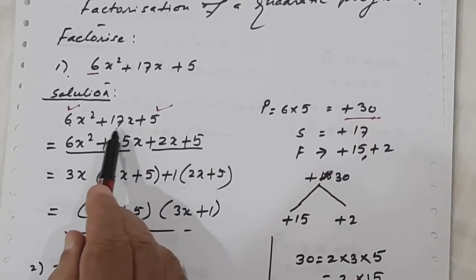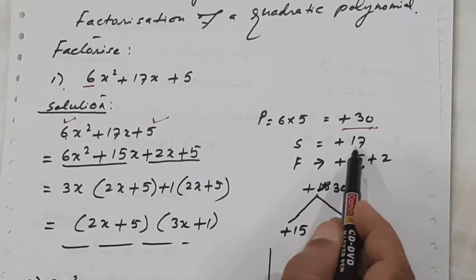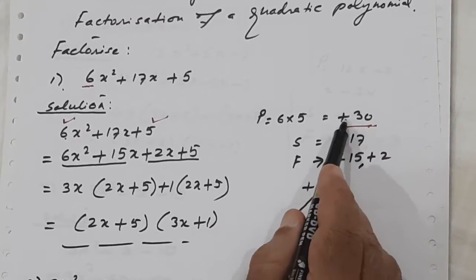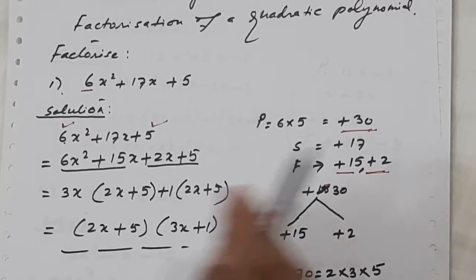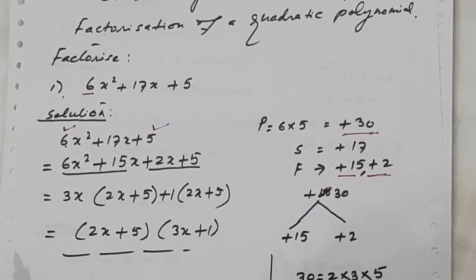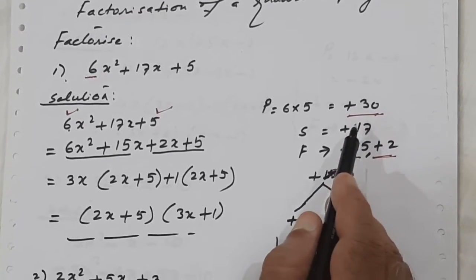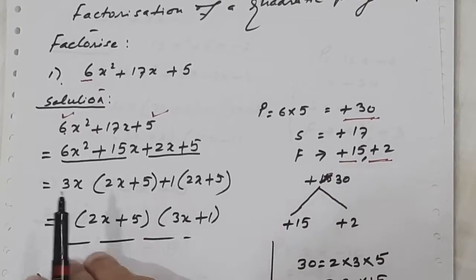So plus 30. Now what is the sum? We have to split the middle term. The middle term is plus 17, so that should be taken as the sum. And the factors, now both are positive, so both will be of the same sign. If this sum is negative, then both negatives will come.